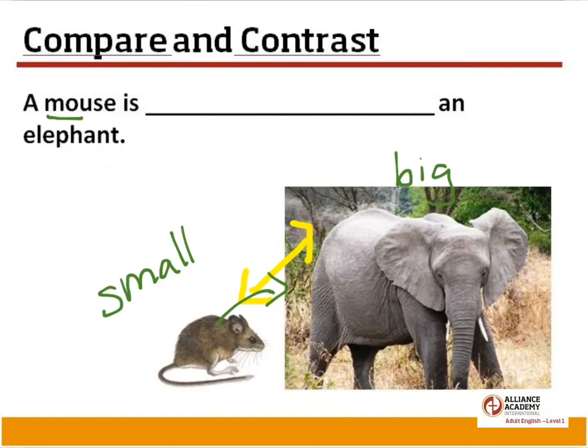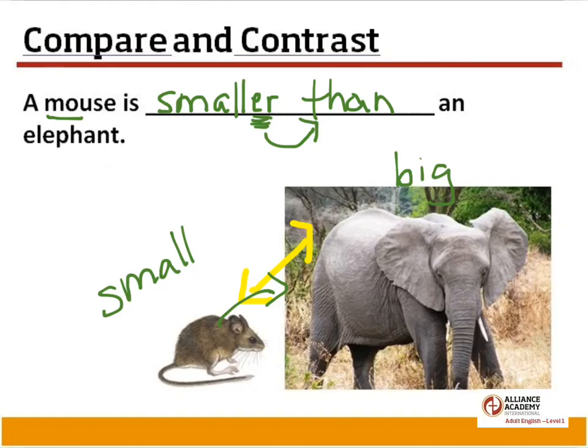I would say a mouse is smaller. This tells me it's comparing smaller than. So when we do comparing, it's important to add the er to the adjective and the word than. So a mouse is smaller than an elephant.